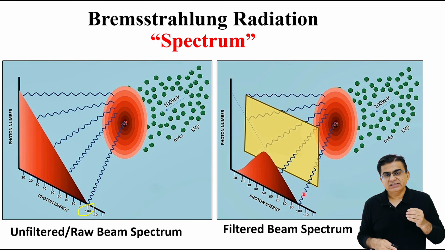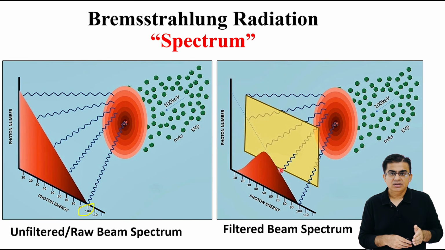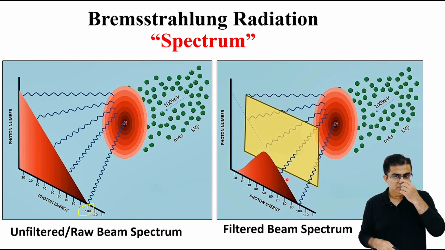Notice how the straight raw line has completely changed its shape to this shape once the filter is applied. This yellow thing is the filter. The resulting curve has now become a smooth bell-shaped curve.